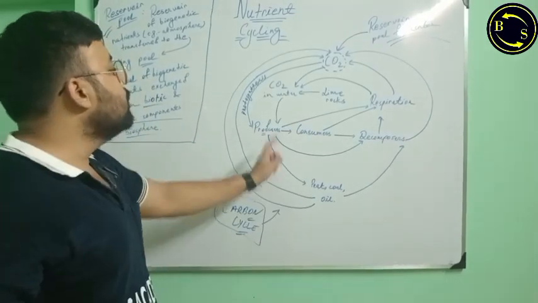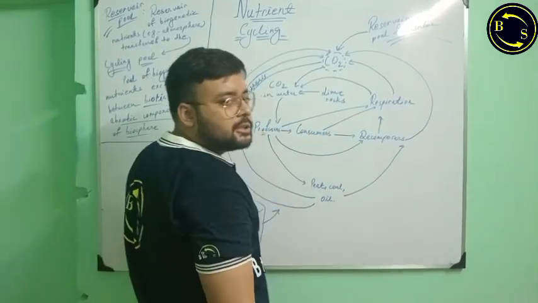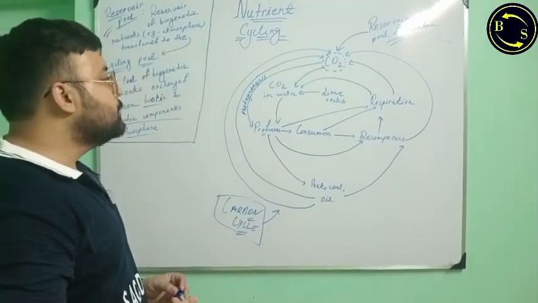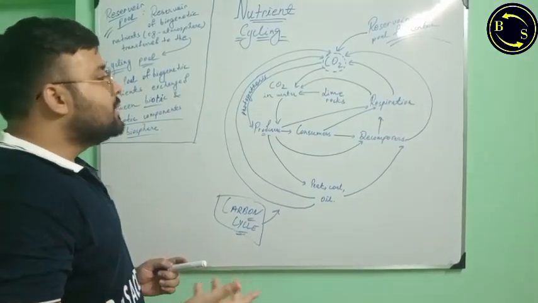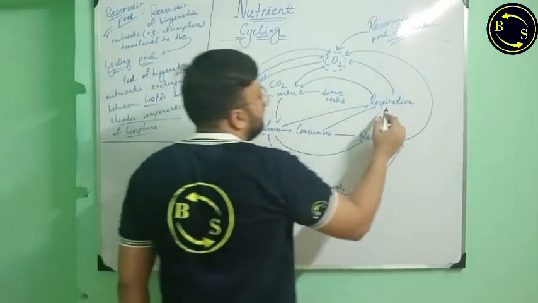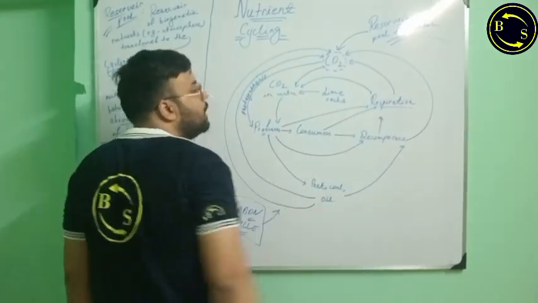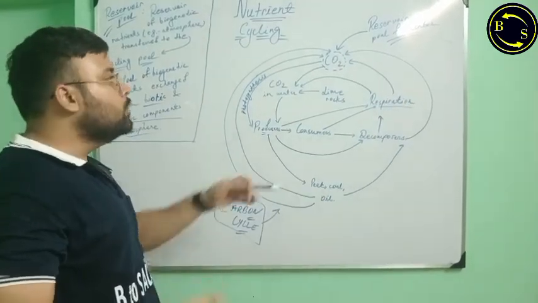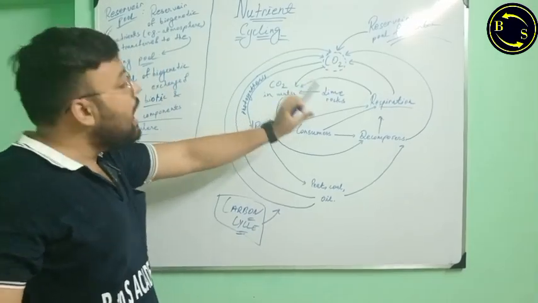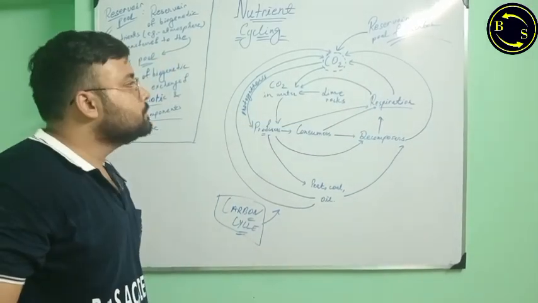But the producers also undergo respiration, consumers also undergo respiration, decomposers also undergo respiration, and we know that respiration results in the production and release of carbon dioxide, and this carbon dioxide through respiration is again returned back to the atmosphere, and through the carbon dioxide that is being returned back to the atmosphere, carbon is also returned back to the atmosphere.